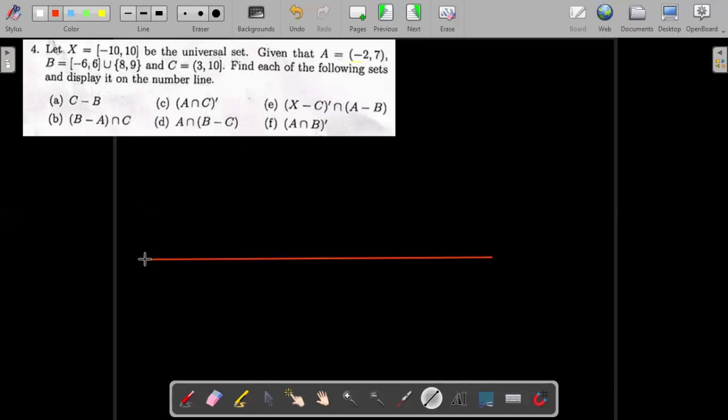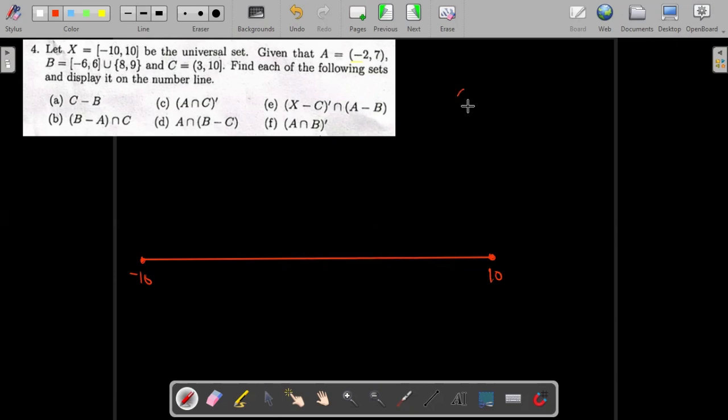We see that it's closed on both sides. So at this side we have negative 10, and on the other side it is also closed, which is positive 10. And this here is the universal set.